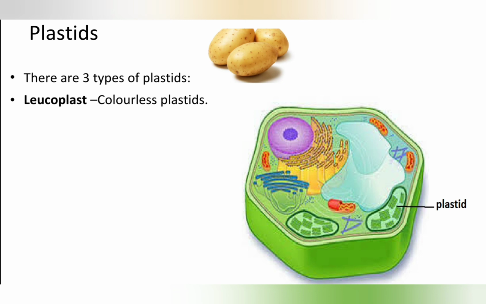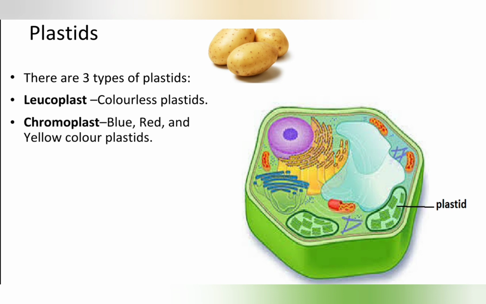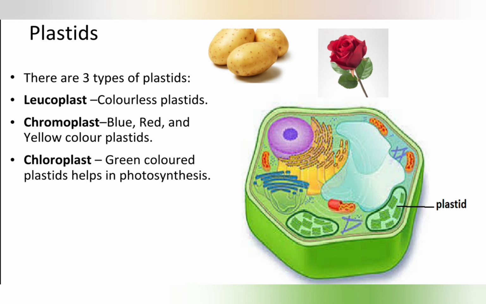Have you ever wondered why flowers are red? Some flowers are pink, some are red, some are yellow, some are orange. This color of flowers is because of a plastid called chromoplast. Chromoplasts are blue, red and yellow colored plastids that give color to the flowers, leaves or the stem. Next you have the chloroplast. These are the green colored plastids that help in photosynthesis.